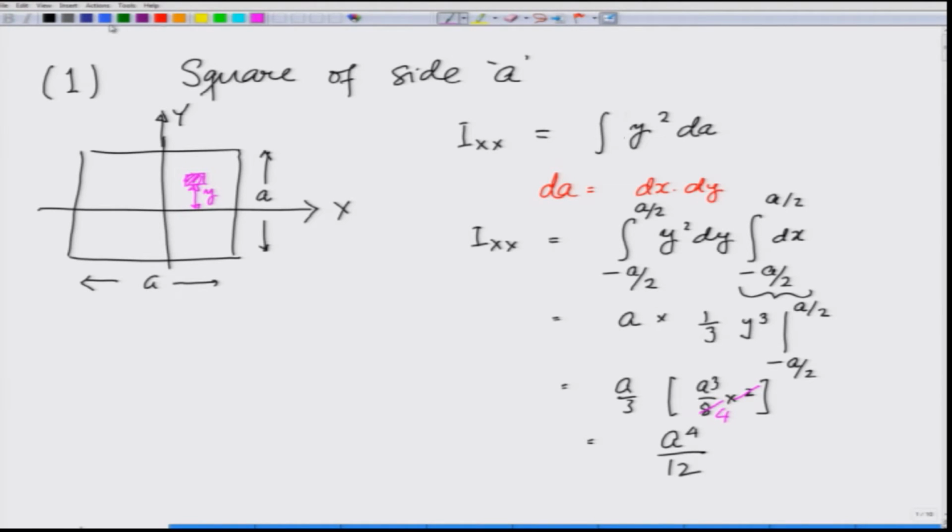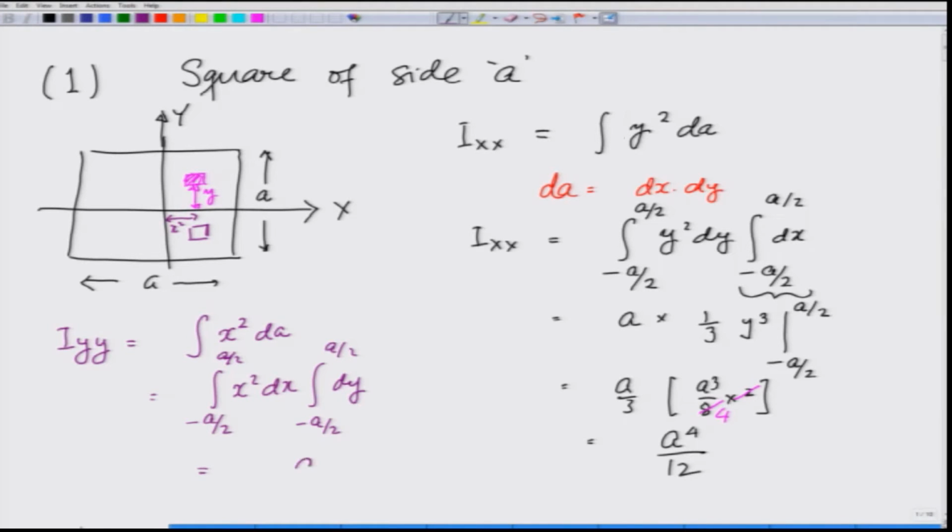Similarly, since it is very symmetrical, Iyy, let me write in a different color, Iyy will be equal to the integral of x square dA. So what I will be doing is taking this area dA and multiplying it by x square. So this will become the integral of x square dx from minus a by 2 to a by 2 times dy from minus a by 2 to a by 2, exactly the same integral as in Ixx, and therefore I get a raised to 4 by 12 here too.